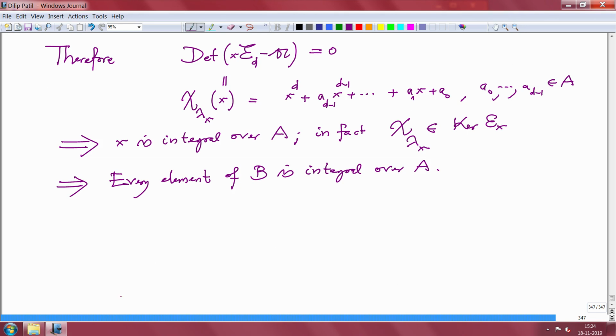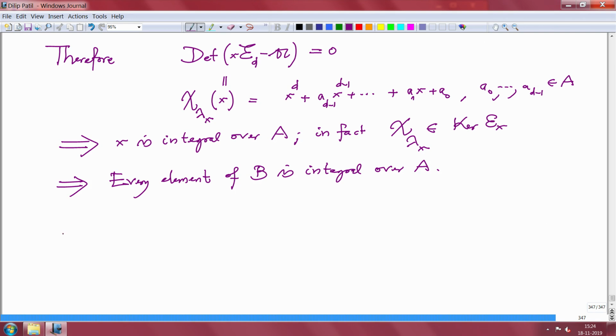Alright, so this was a very natural process which we inherited from linear algebra, but we want to find a good criterion, verifiable economically, to check when elements are integral. How do you check some elements are integral? That will be in the next proposition, but also I want to introduce a language.